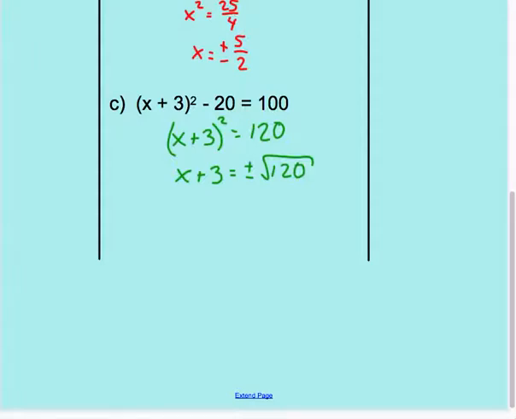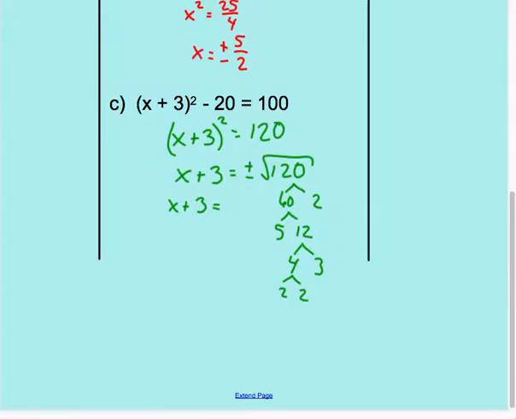It really doesn't matter which order. I like my radicals in simplest form, so I'm going to go ahead and do that first. And the perfect square factor of 120 is just 4, it looks like.